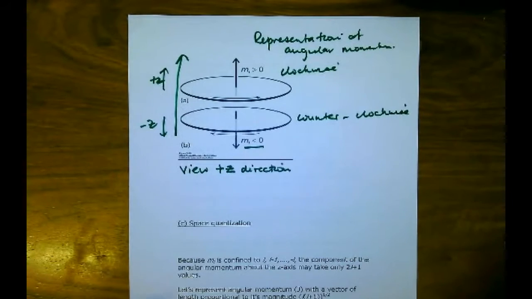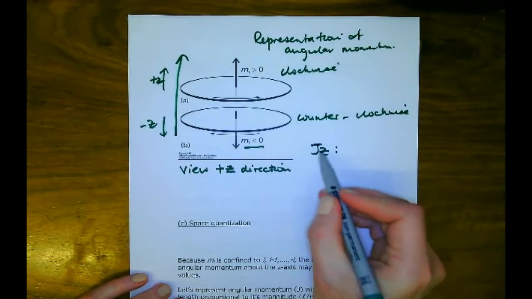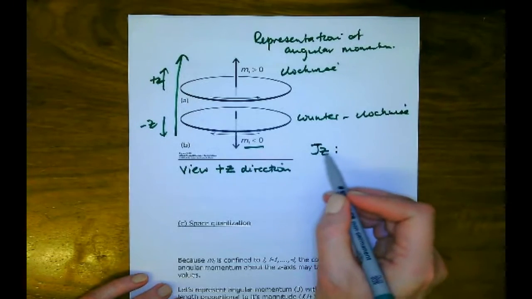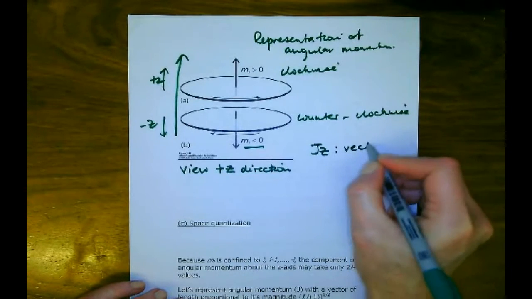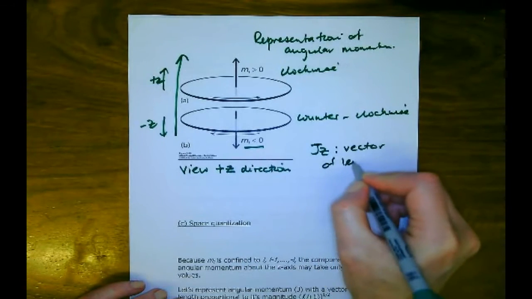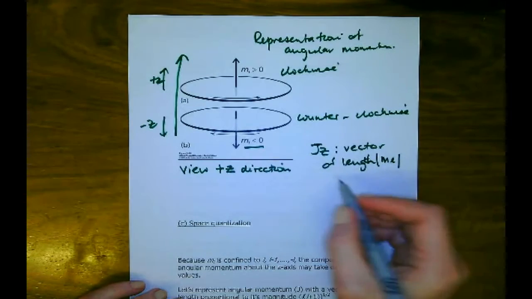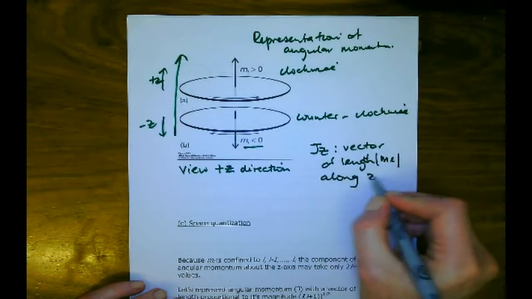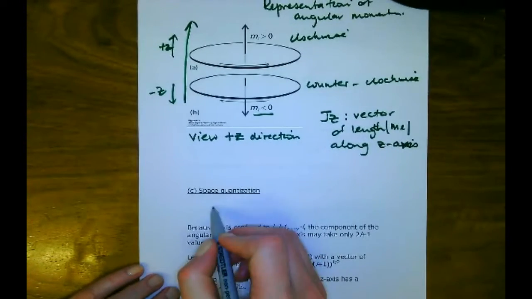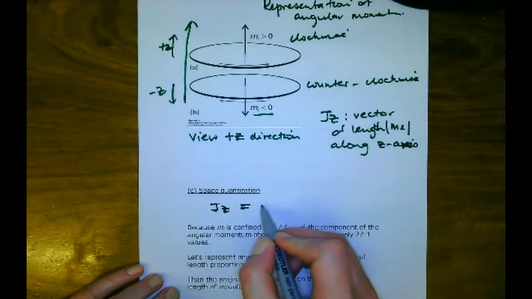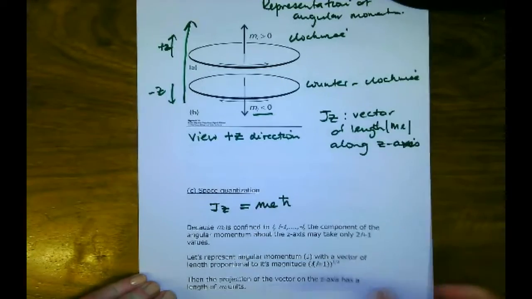Okay, we can also indicate the component of angular momentum along the z-axis, which is in this direction, using a vector of length ML along the z-axis. And we'll see why we can do this in a minute. Remember we said Jz is equal to ML h bar.